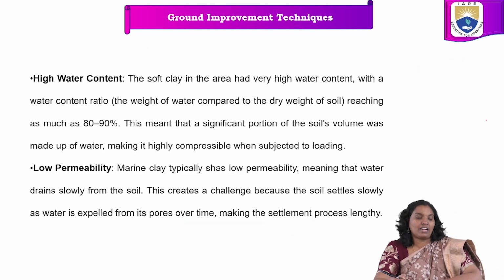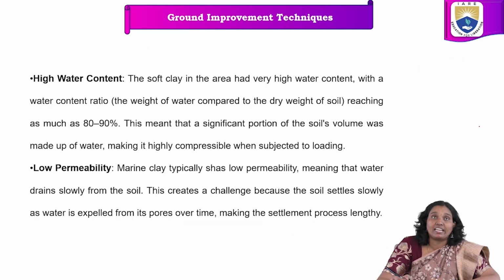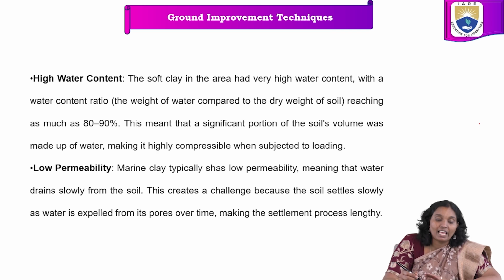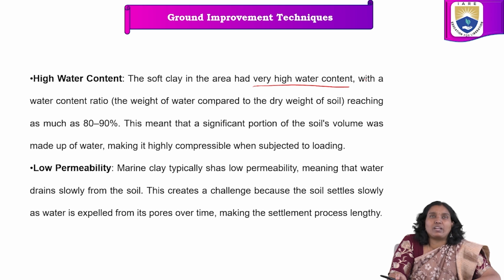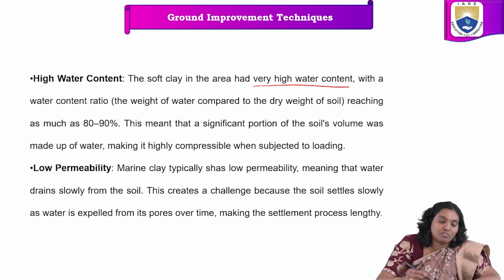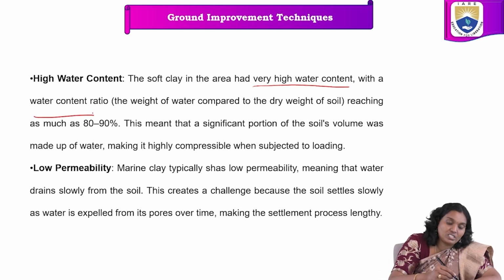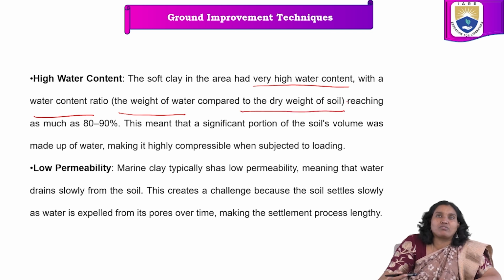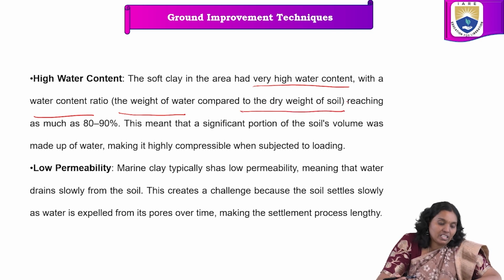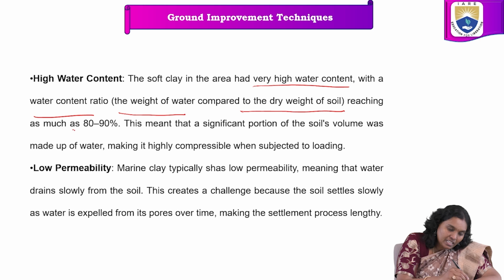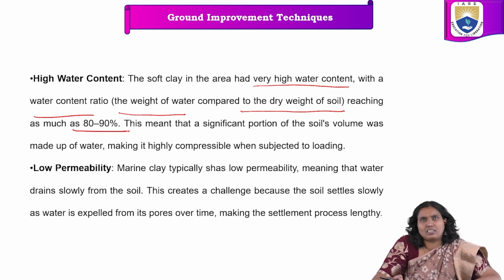One more factor is high water content. The soft clay in the area had very high water content. The water content ratio is nothing but the weight of water compared to the dry weight of the soil, reaching as much as 80 to 90%.